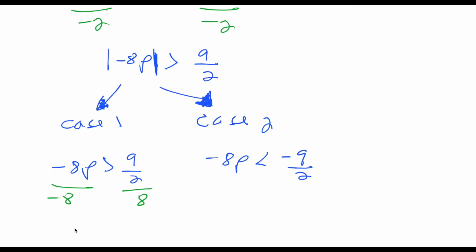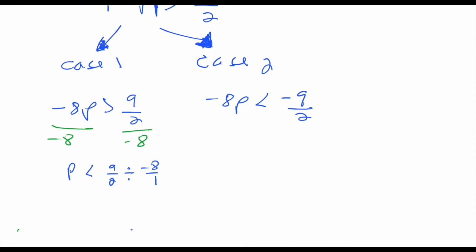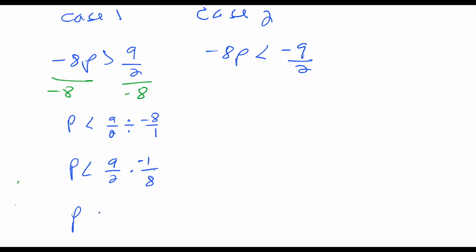So p is less than 9 over 2 divided by negative 8 over 1, which is the same thing as p is less than 9 over 2 times 1 over negative 8, but I'll bring the negative to the top. And then you got p is less than, so that's a negative right there, right? So then you have negative 9 over 16. Did you get that? So now, let's do case 2.